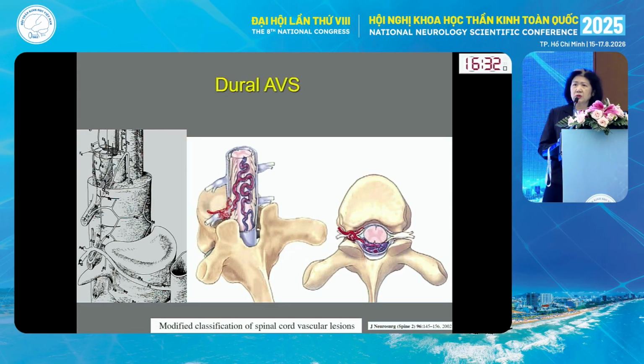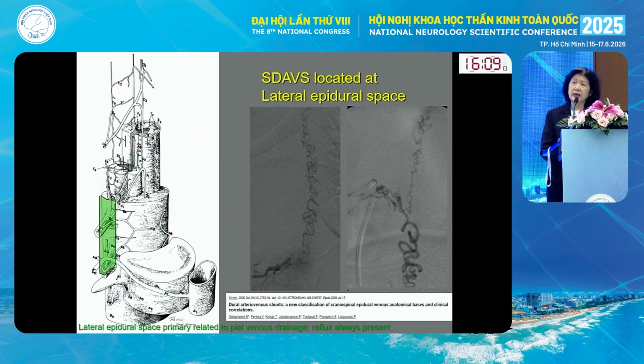Now we come back to the second disease, which is the most common spinal arteriovenous shunt: the dural arteriovenous shunt. We believe the shunt is located either at the dura around the nerve root or immediately inside the dura, at the junction of the artery to the radicular veins, which finally drain into the perimedullary veins and cause the symptoms of the patient.